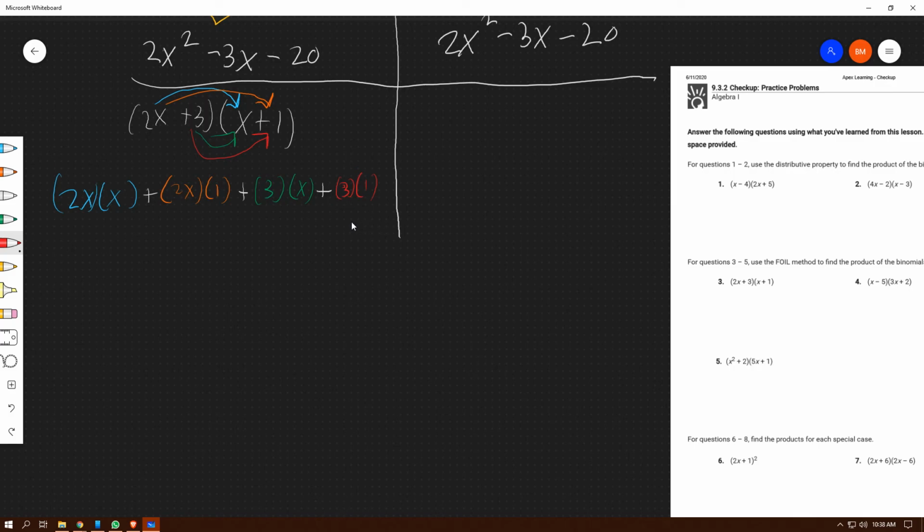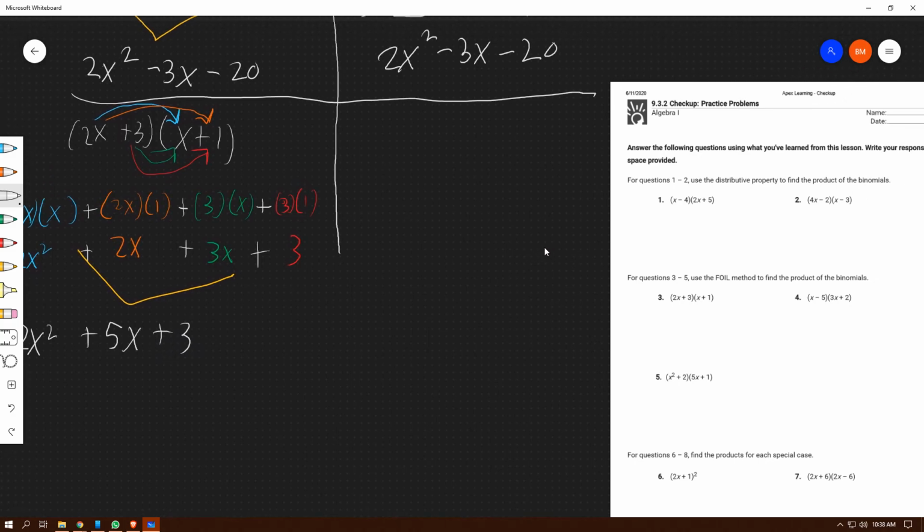Well, that's going to be 2x squared, 2x, 3x, and 3. Again, I have like terms there in the middle. I combine them, and I get my answer, 2x squared plus 5x plus 3. Let's do it with the box method then.